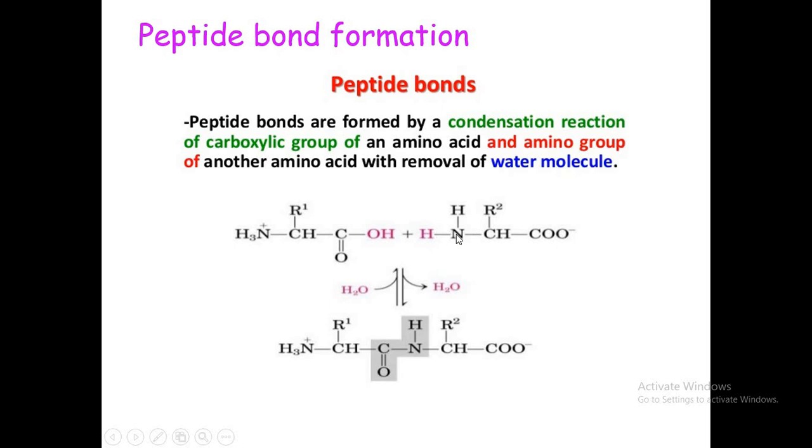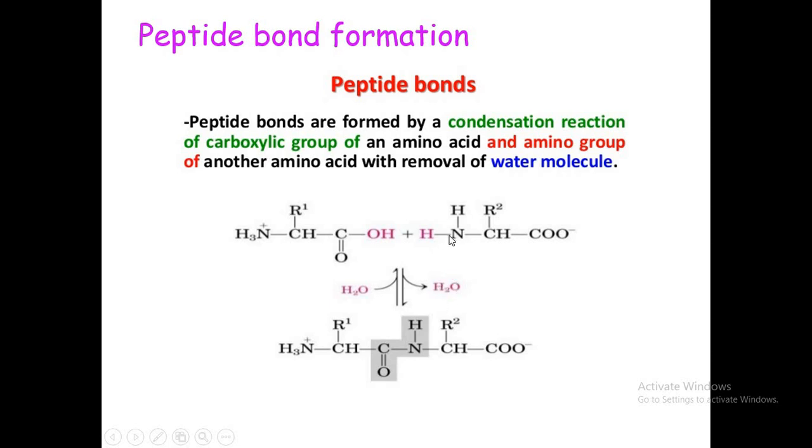The hydrogen atom of the amino group of one amino acid and the hydroxyl group of the carboxylic group of another amino acid are removed from these amino acids, and this hydrogen combines with the hydroxyl and forms water.